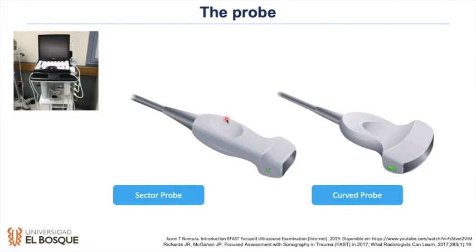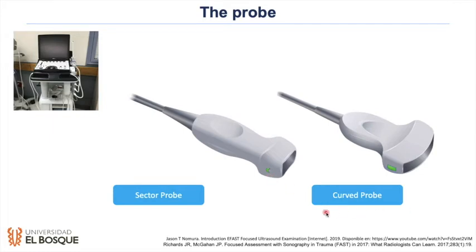So it is appropriate for examining solid organs and determining the presence of free fluid in the abdomen or the pelvis. Also, you can use this to examine the heart for a pericardial effusion or hemorrhage, or for example the lungs, looking for a pneumothorax.